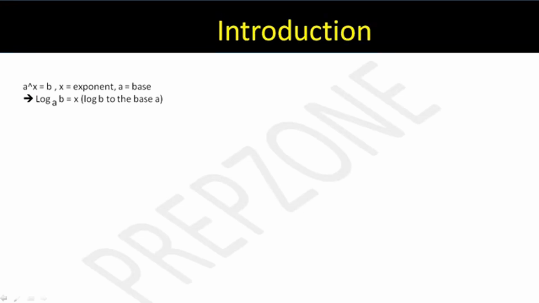It can be like 2 to the power 3, 2 to the power 4, 2 to the power 5, 3 to the power 9, 2 to the power minus half. So anything of this sort, whenever there is any power. This is a generic expression of that power equation, a to the power x equals b. Here, x is the exponent and a is the base.